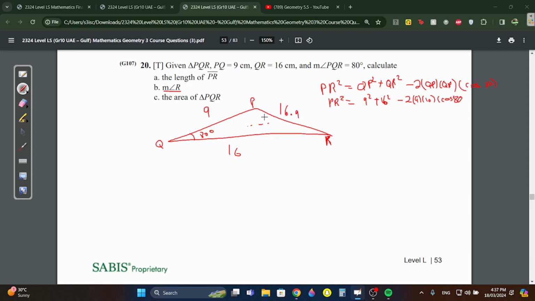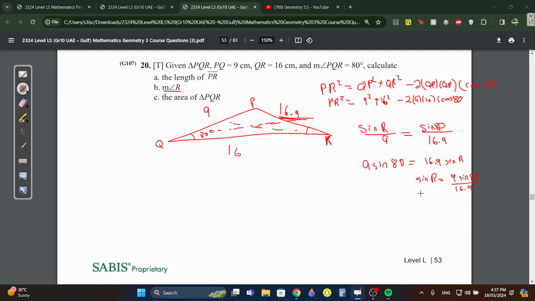The measure of angle R. You can either use the sine rule or the cosine rule. I'm going to use the sine rule. Sine R over the side opposite to it, which is 9, equals sine 80 over the side opposite to it, which is 16.9. Cross multiply: 9 sine 80 equals 16.9 sine R. Sine R will be equal to 9 sine 80 over 16.9.